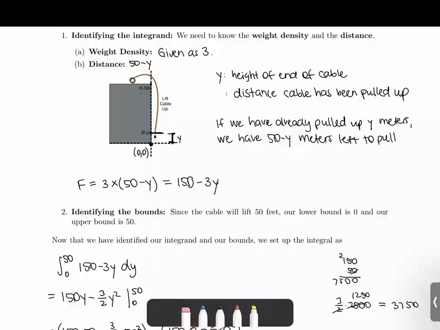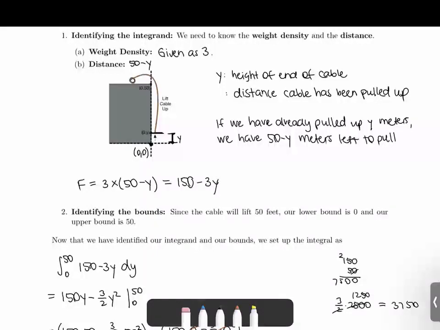And you can kind of imagine this in a real world scenario that if you've ever pulled on a rope in a tug of war or anything like that, or lifted an object using a cable, it becomes easier when there's less cable. So in this instance, as you lift the cable up, then there's less cable to lift. So you're actually lifting less weight.